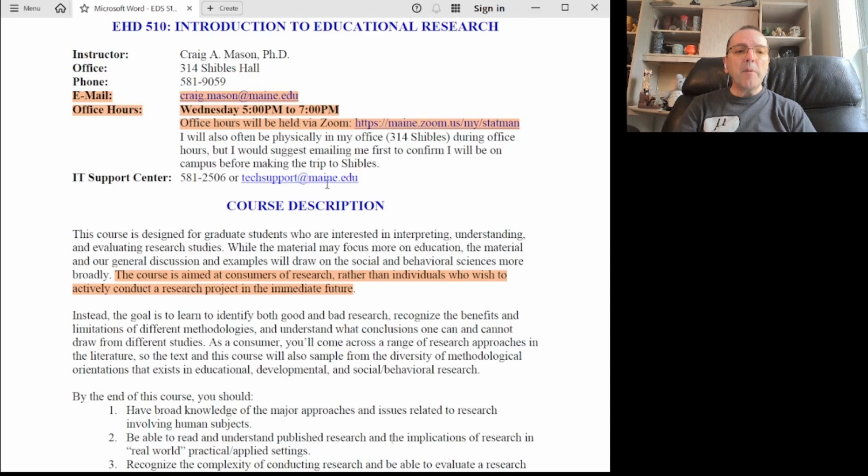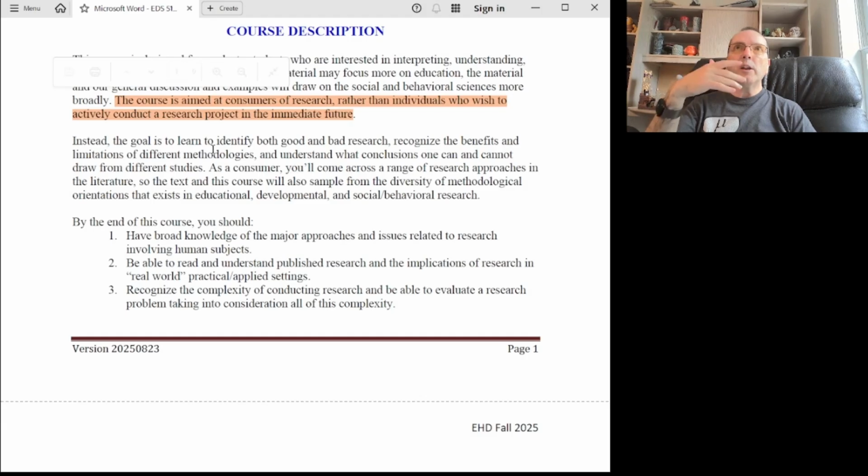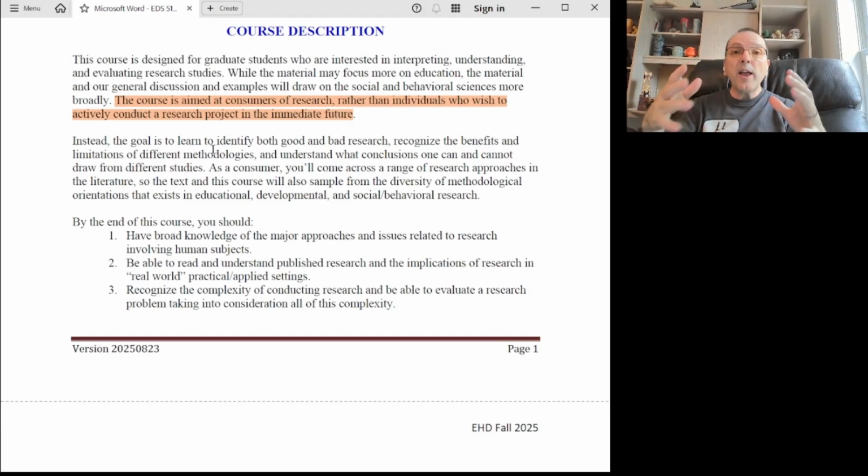Okay. Our course is really aimed at consumers of research rather than people who are going to develop a research question, design a thesis, collect the data, and analyze it. It's not that course.